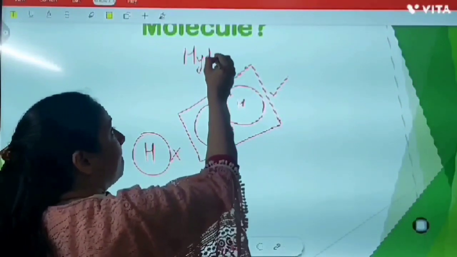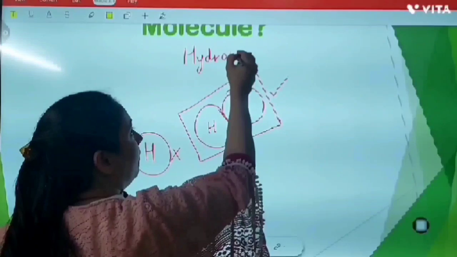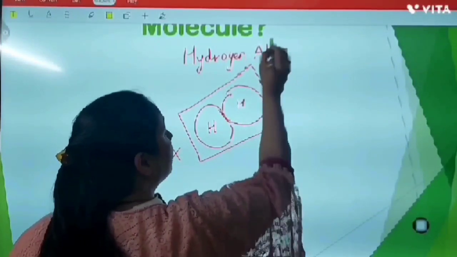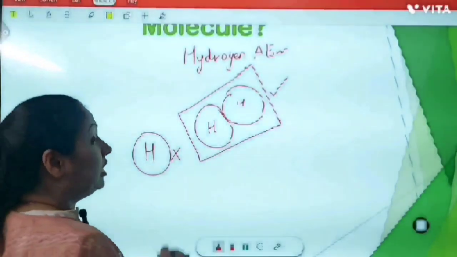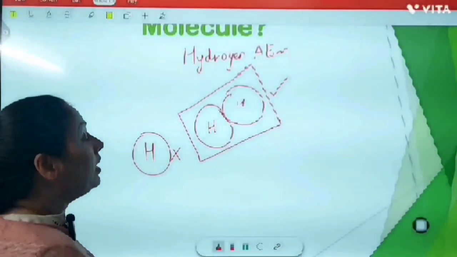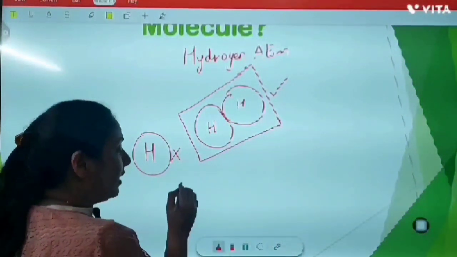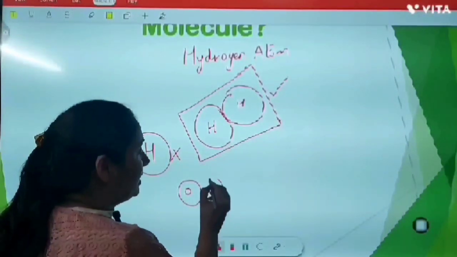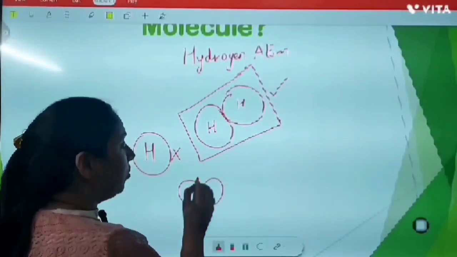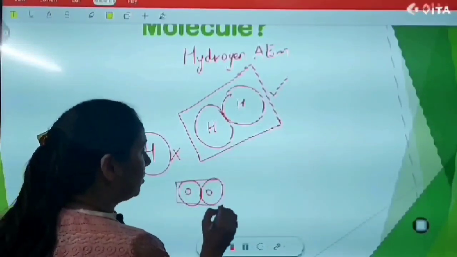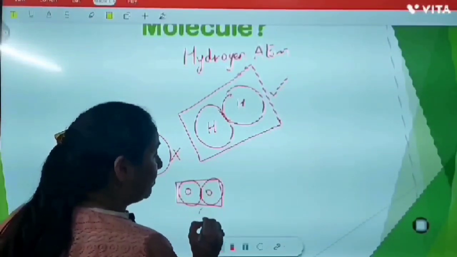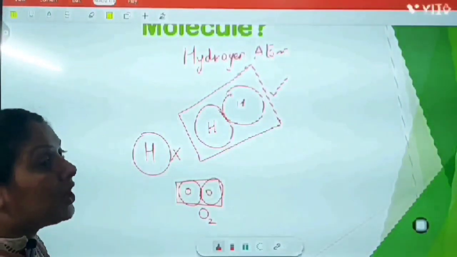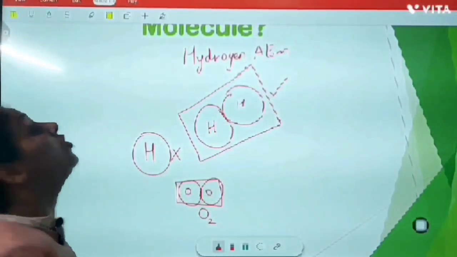Similarly, even oxygen, even nitrogen, one oxygen atom will not exist freely. It needs a partner to exist, so they will always come as a unit. And when two atoms come as a unit, it is known as a molecule.